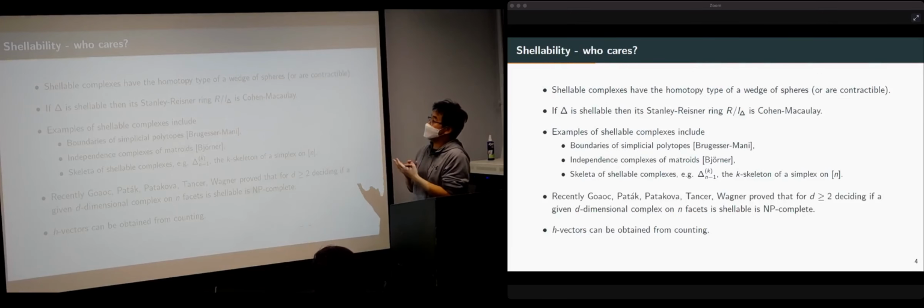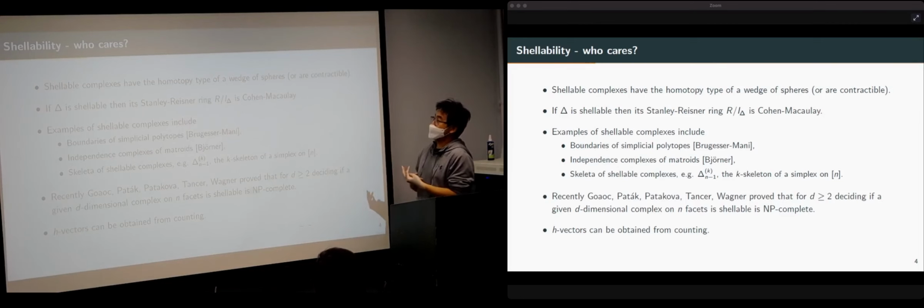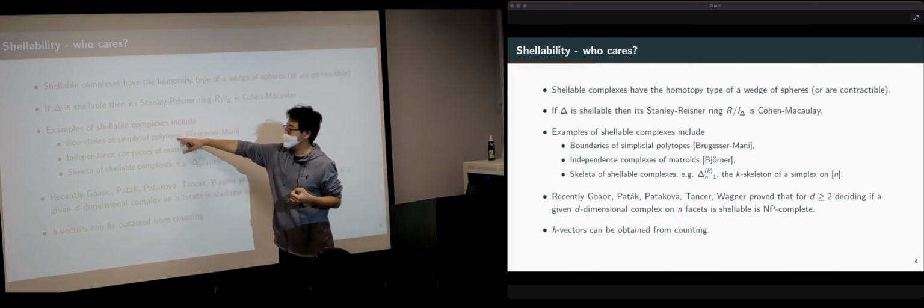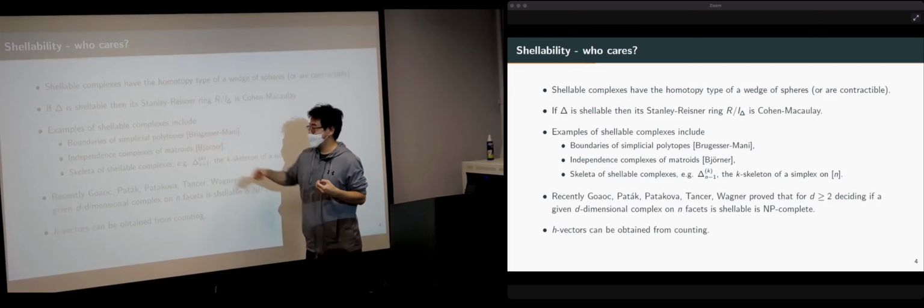Now, what are some properties of shellability? First of all, it's known that shellable complexes have the homotopy type of a wedge of spheres. So they have very nice looking homology. In particular, homology is going to be trivial except for the highest dimension. And if you have a shellable complex, then its associated algebra is very nice. Some examples of shellable complexes include boundaries of simplicial polytopes and independence complexes of matroids.